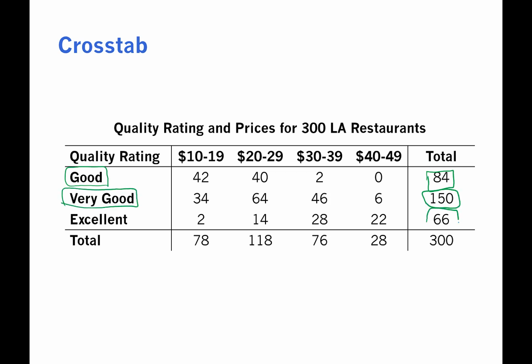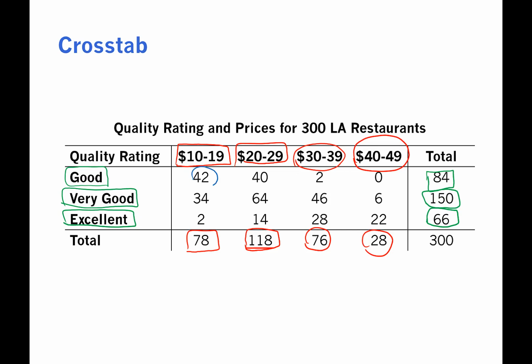And there are 66 that are rated excellent. It also tells us that there are 78 restaurants that have a price range of 10 to 19. There are 118 restaurants in the price range of 20 to 29. There are 76 restaurants in the price range of 30 to 39, and 28 restaurants in the range of 40 to 49.